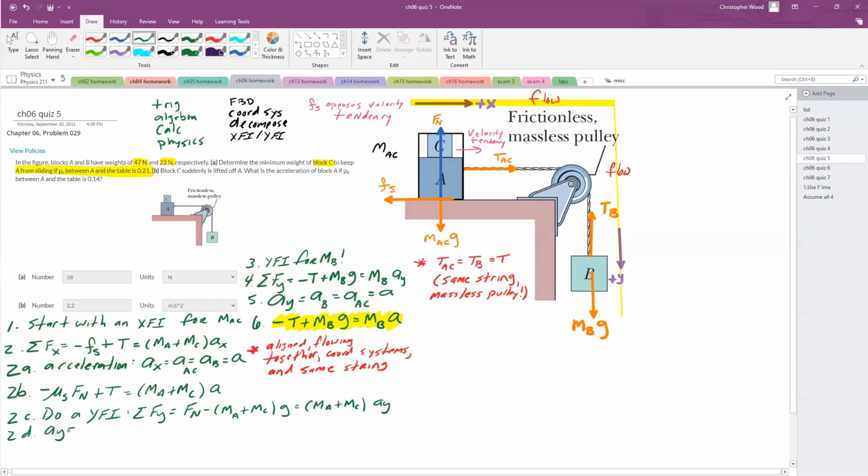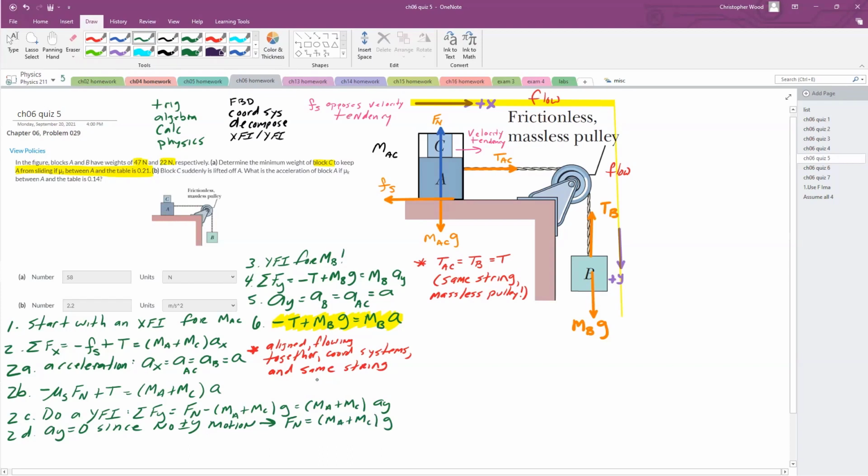A sub Y equals 0 since there's no plus or minus Y motion. Block AC just stays on the tabletop. So that's where I'm getting that the normal force is in fact the weight of A plus C.